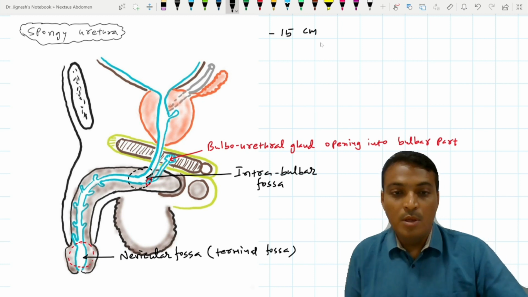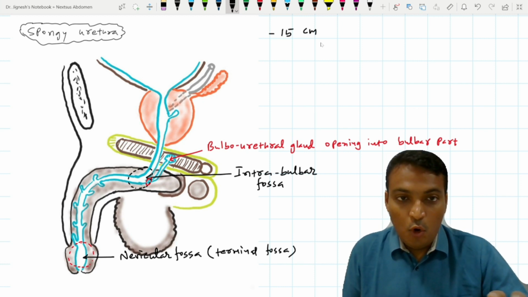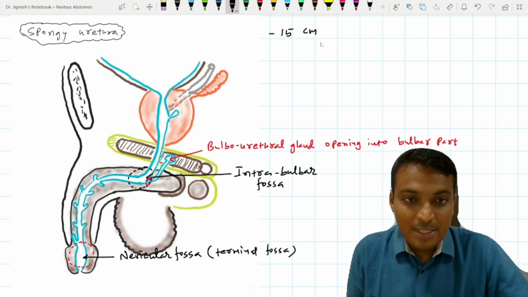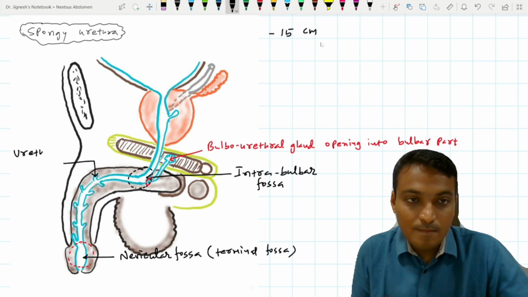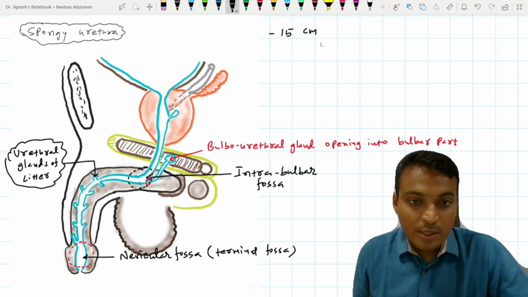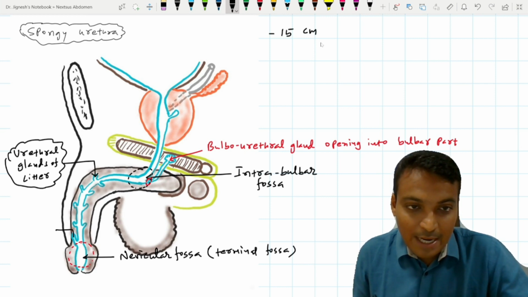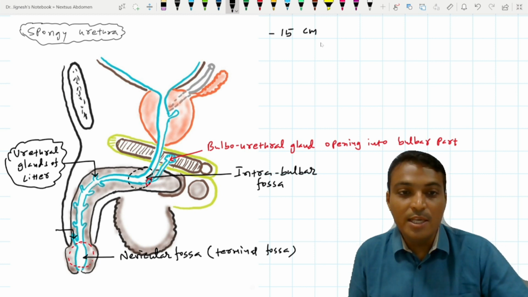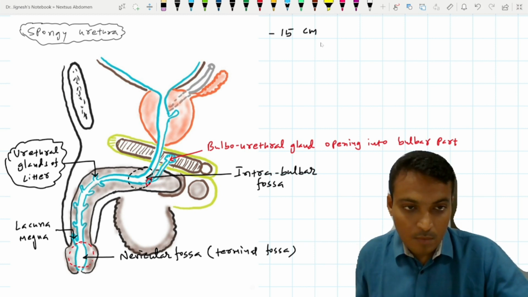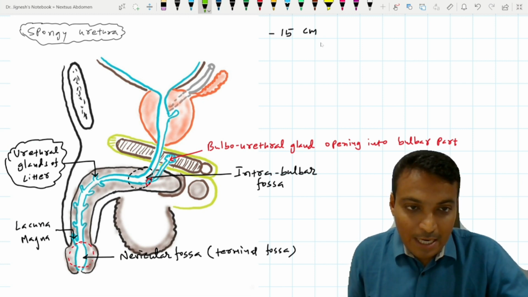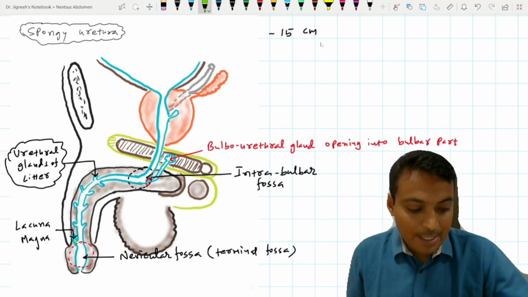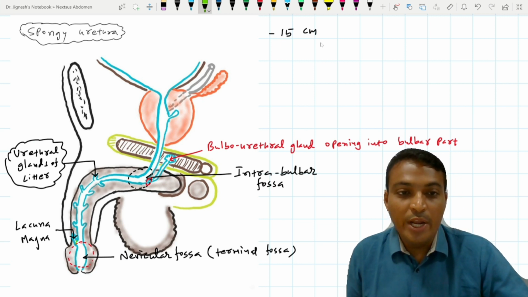Along the whole length of the spongy urethra, we can appreciate the openings of smaller urethral glands, and these are called the urethral glands of Littré. Just near the terminal fossa on the dorsal aspect, one urethral gland is large, and that is called the lacuna magna. At the lacuna magna, we appreciate one valve, and that valve is called the valve of Guérin.